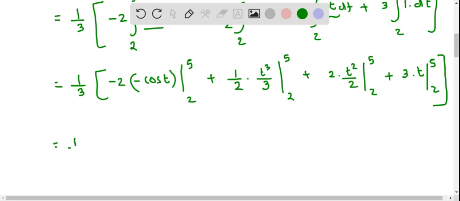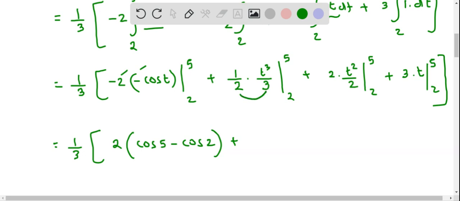And so this equals 1 by 3 times, we have a negative 2 times negative, which is a positive cosine t. And then we replace the upper limit and minus the lower limit. So this will be 2 times of cosine 5 minus cosine 2, plus we can multiply these two numbers in the denominator, and so this becomes 1 by 6.